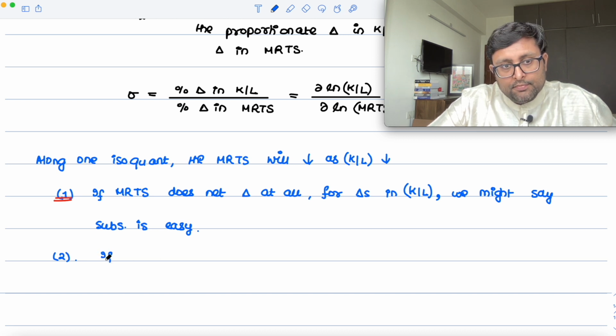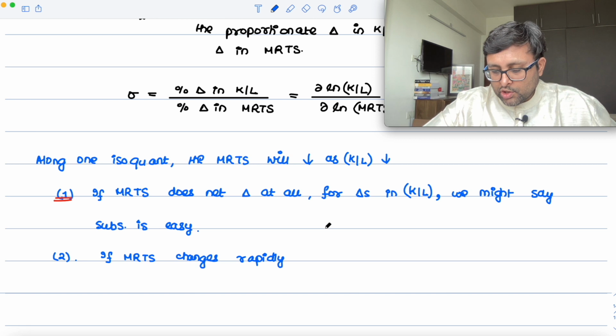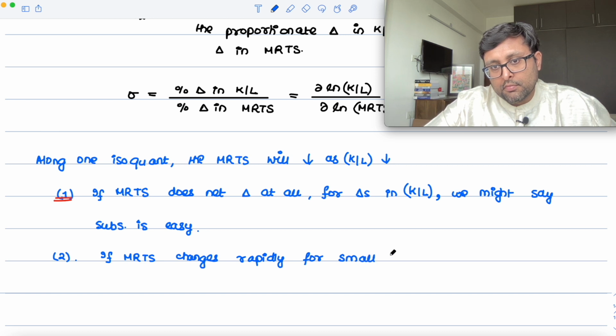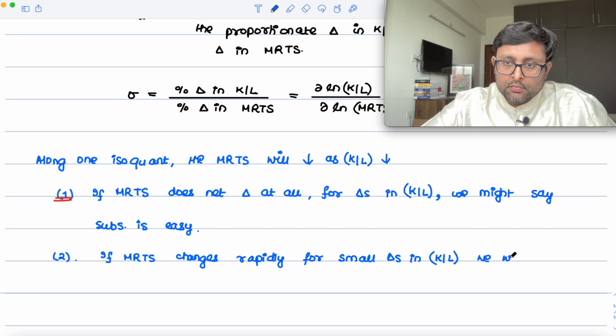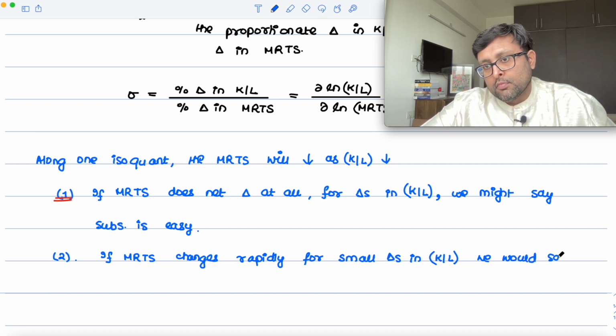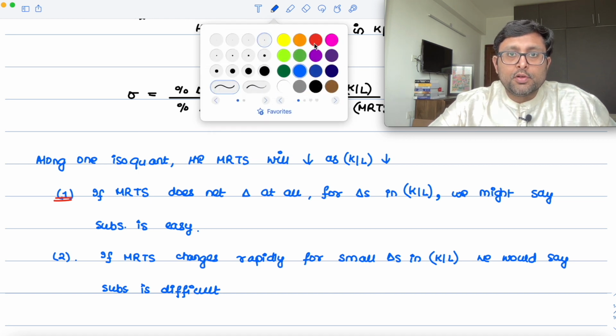If MRTS changes rapidly for small changes in K by L, we would say substitution is difficult.